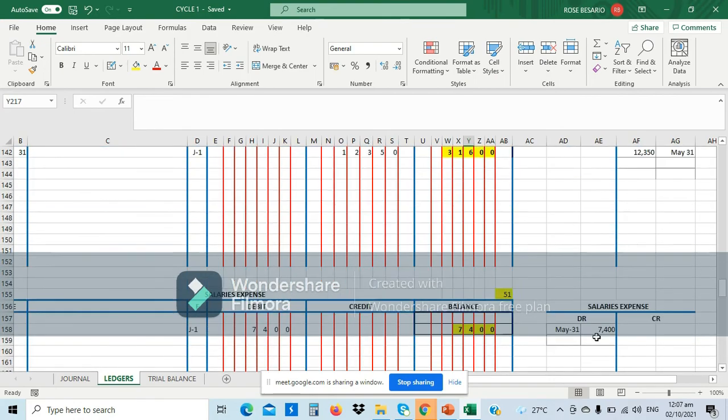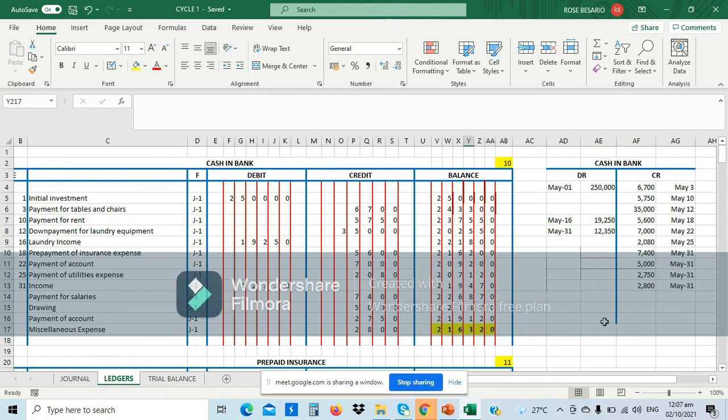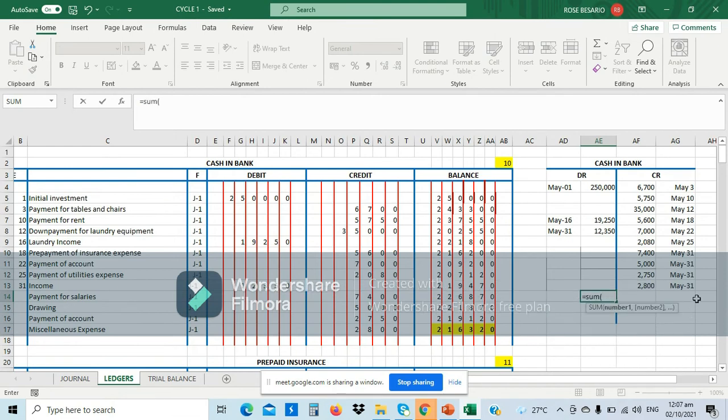But before that, we'll have our T account. Now, for the T account, what we need is we need to foot. Footing is getting the total of each column. So for the cash in bank, you have total debit equal to 281,000.